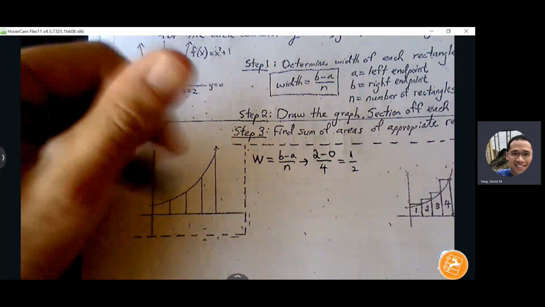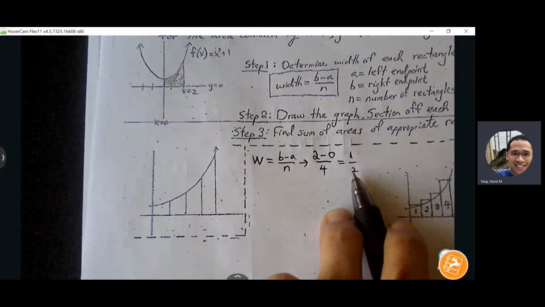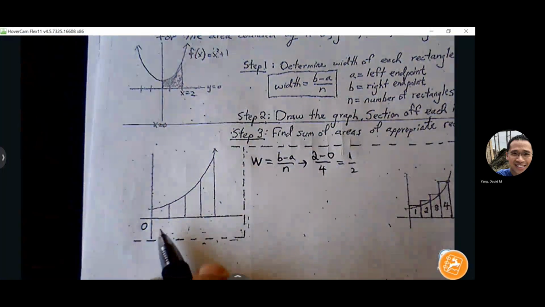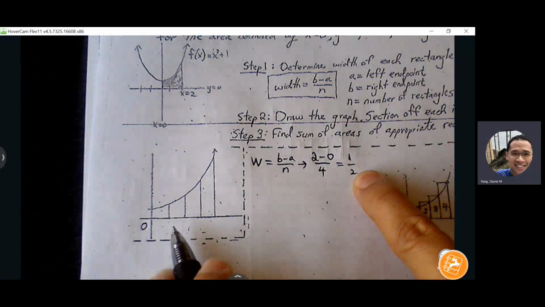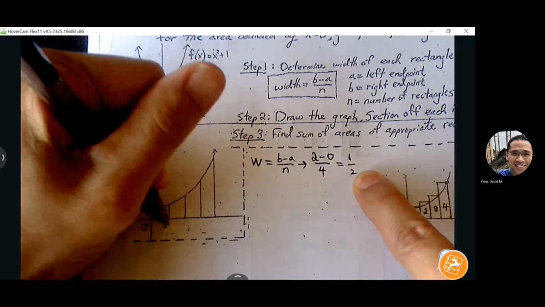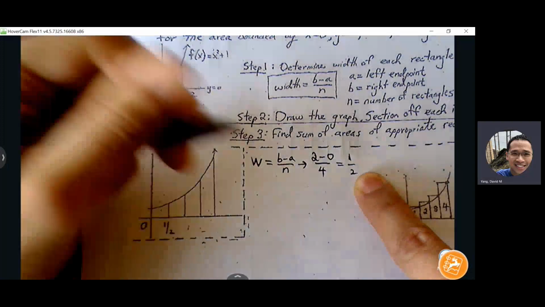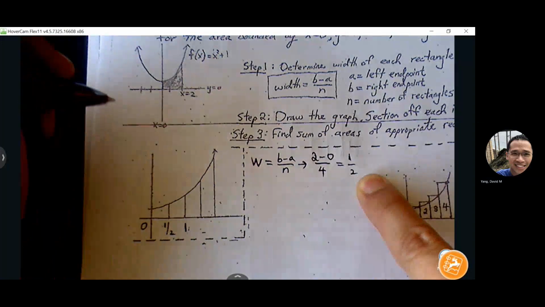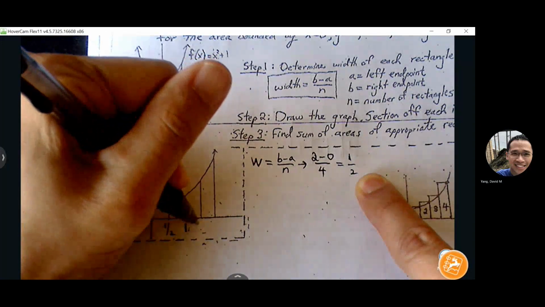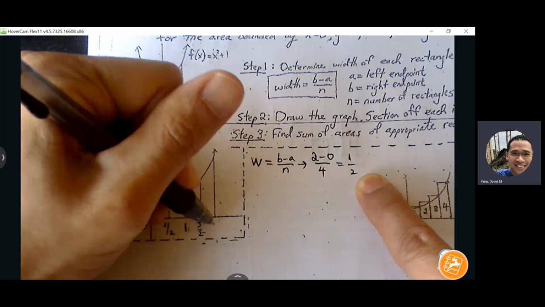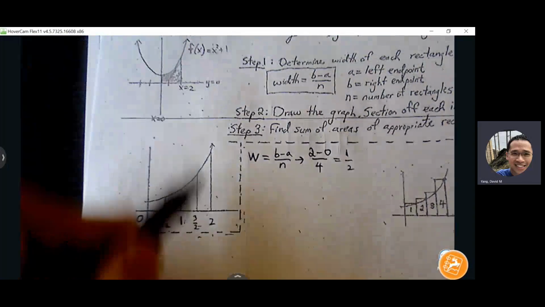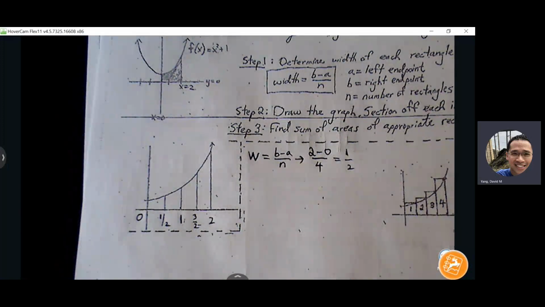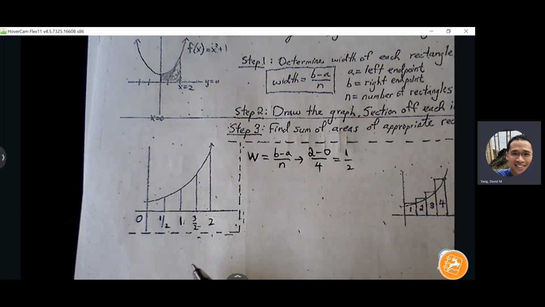We're going to increment by 1/2 from 0 to 2. If I add 1/2 to 0, I get 1/2. If I add 1/2 to 1/2, I get 1, plus 1/2, 3/2, plus 1/2, 2. We should end up at our destination. If we didn't, then either we got the width wrong or we added wrong.